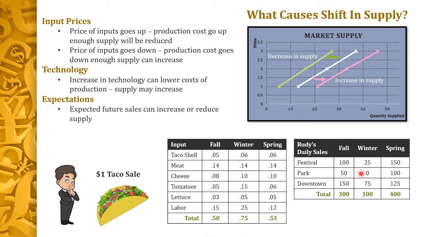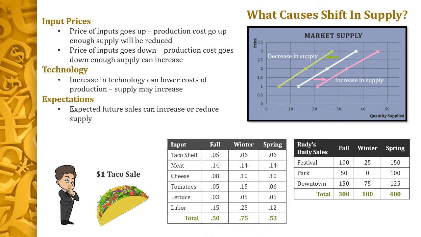He may not even run his truck in the winter. He may just focus on the downtown and maybe a couple of the festivals, but he's definitely not going to be going to the park, which means that there's again going to be a reduction in supply. But come spring, well, he knows that there's going to be a lot of demand for his product, so he's going to increase the supply of tacos in the city because he's going to provide them.